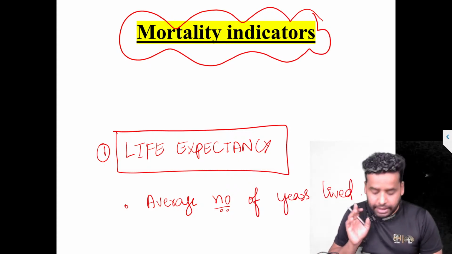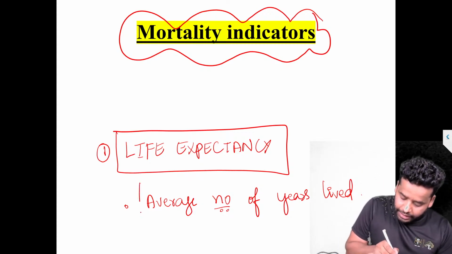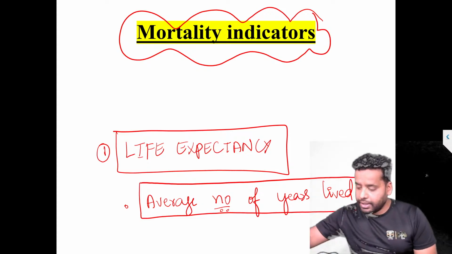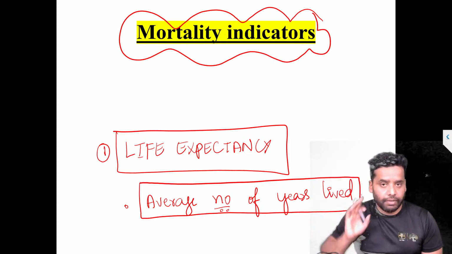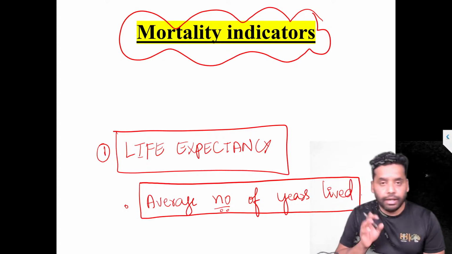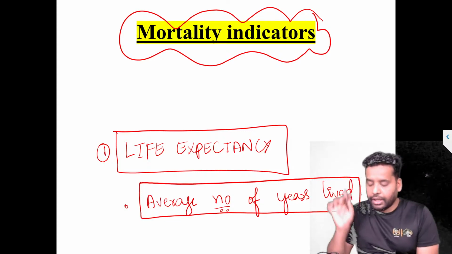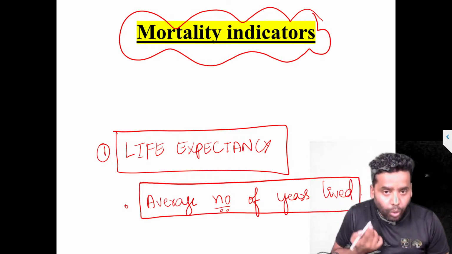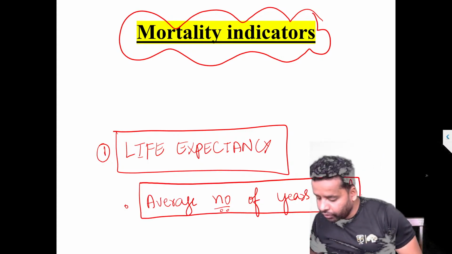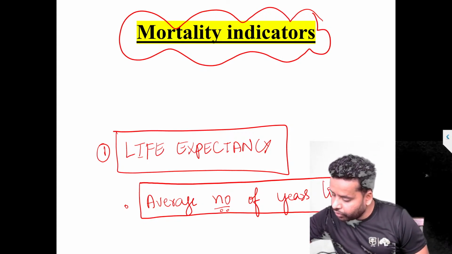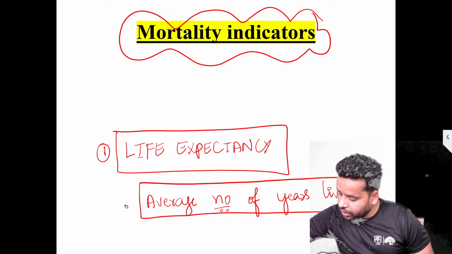For example, I'm telling India male 87. Average number of years lived in a country. So this will indicate quantity of life or quality of life? Answer my question.